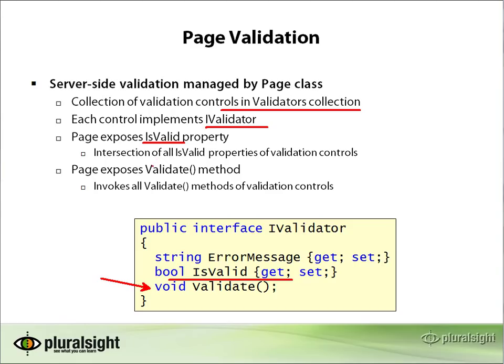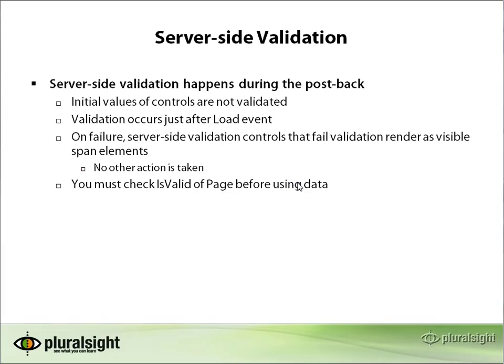Also, if for some reason you need to invoke validation yourself, you can call Validate on the page itself, and that will iteratively invoke the Validate method of every validation control that is part of that page. So those are the members that are involved with the server-side validation.